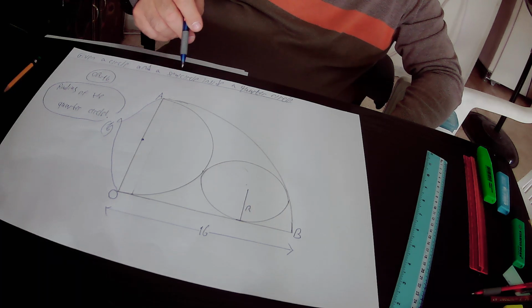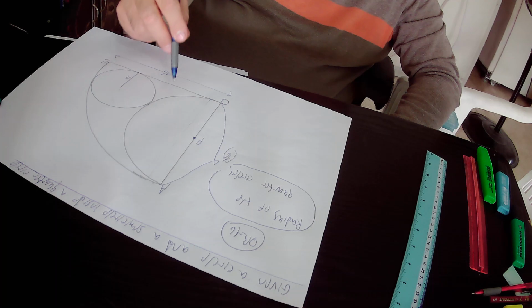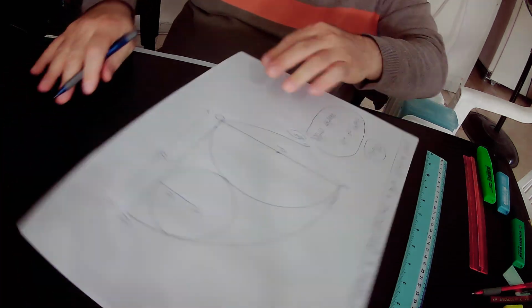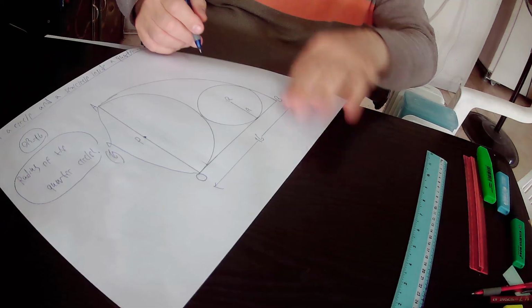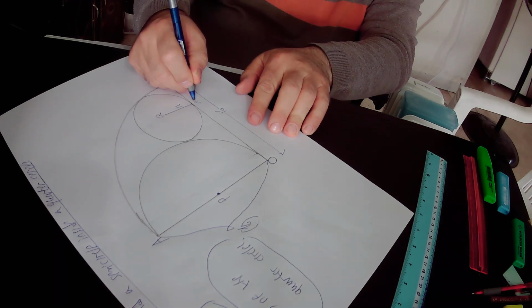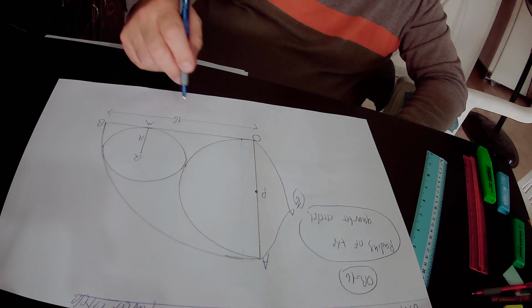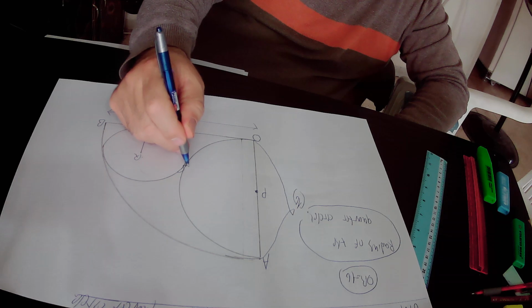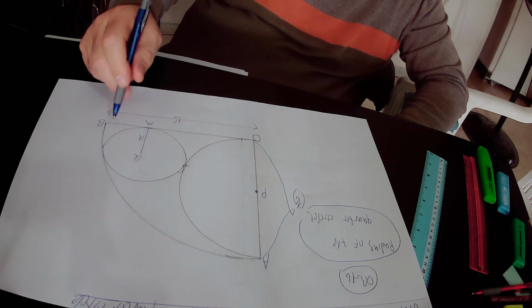We define the center of this semicircle, this point, as point P. Likewise, we define the center of this small circle, this point, as point Q. We define the point of tangency of tangent OB with this small circle, this point, as point M. And we define the touching point of this small circle with this semicircle, this point, as point S. And finally, we define the touching point of the big quarter circle with this small circle, this point, as point T.